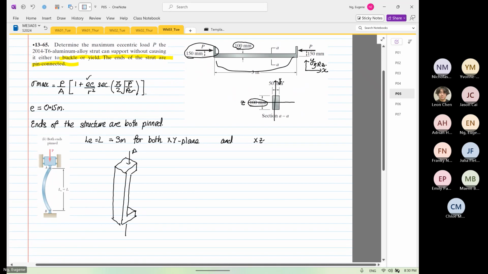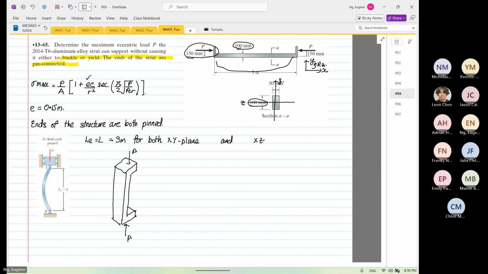I know I call this direction my X, and I know this is my Y, and this is my Z, right?